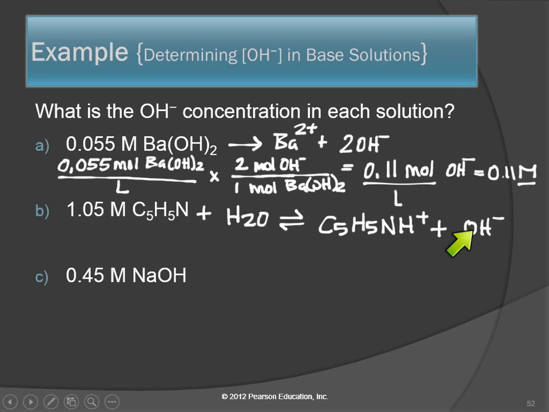This hydroxide ion concentration, is it greater than, the same as, or less than this concentration? This is an equilibrium. It does not go all the way towards the products. It's a weak base, so only some of this reacts and some of it doesn't. So all we can say is that the hydroxide ion concentration is less.